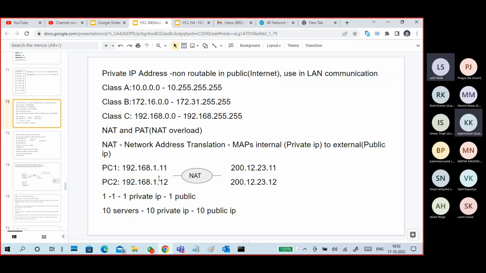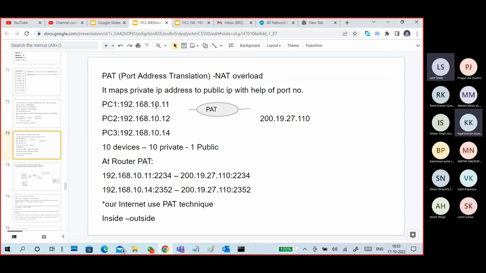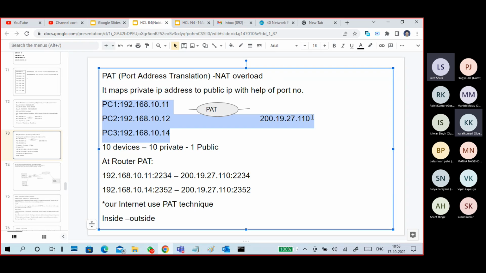NAT means one to one. NAT overload is many to one directly. That is NAT overload: 10 devices, 10 private, 1 public. We can communicate from inside to outside, but an outside person cannot communicate to you because it's based on the mapping.